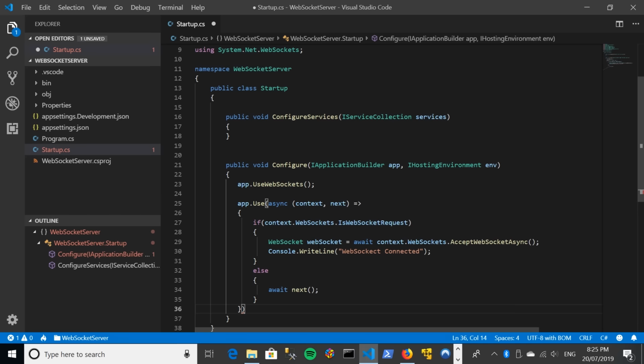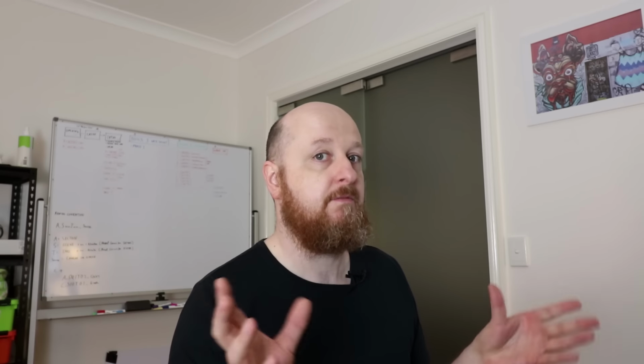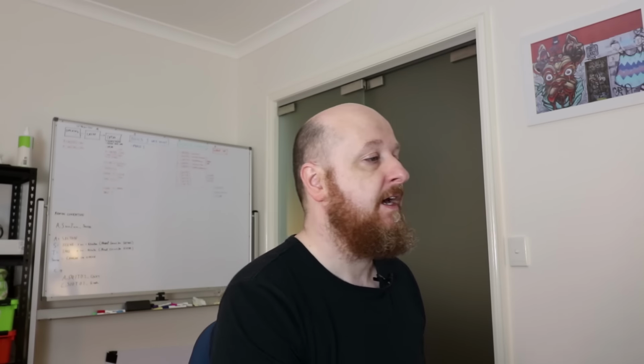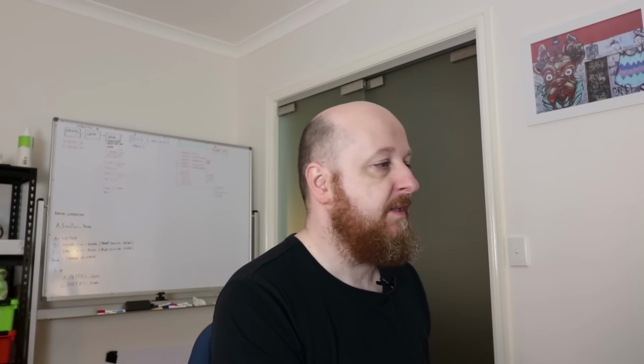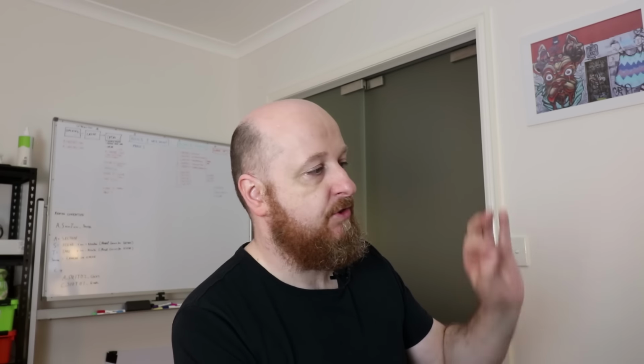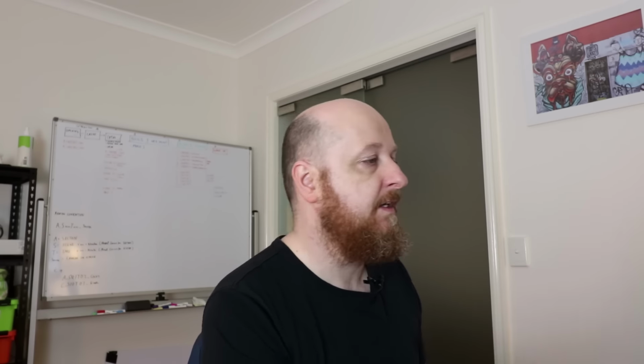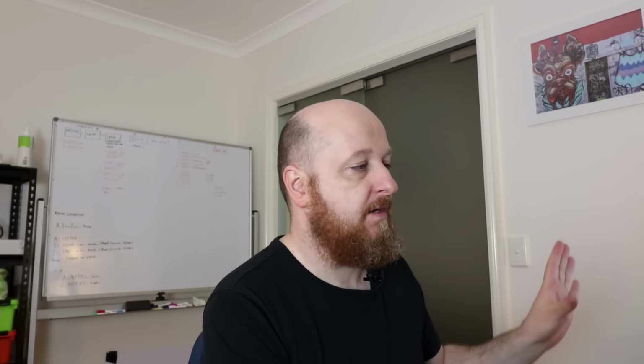So again, just to take you through what's happening, we're looking on our context object, checking to see if it's a WebSocket request. If so, we create a WebSocket object, and we use this asynchronous pattern that's repeated throughout this tutorial, where we await, which is basically saying, okay, we know that something's going to take a while, possibly, to connect. So let's await it. I'll take you through what actually happens when we await something, but park that for the moment.